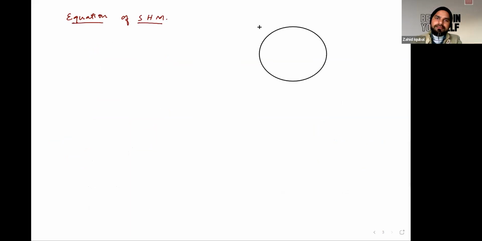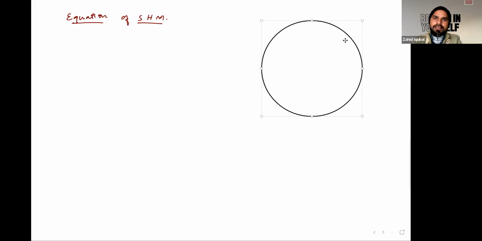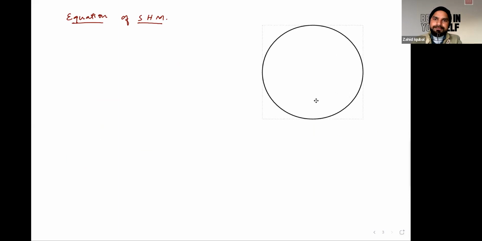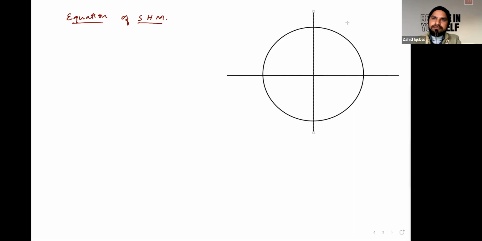Suppose a particle is moving along a circular path at constant angular velocity omega. Let's say the particle is initially at this point at time t equals 0. Further, due to its rotation, it may reach this point at some time t.